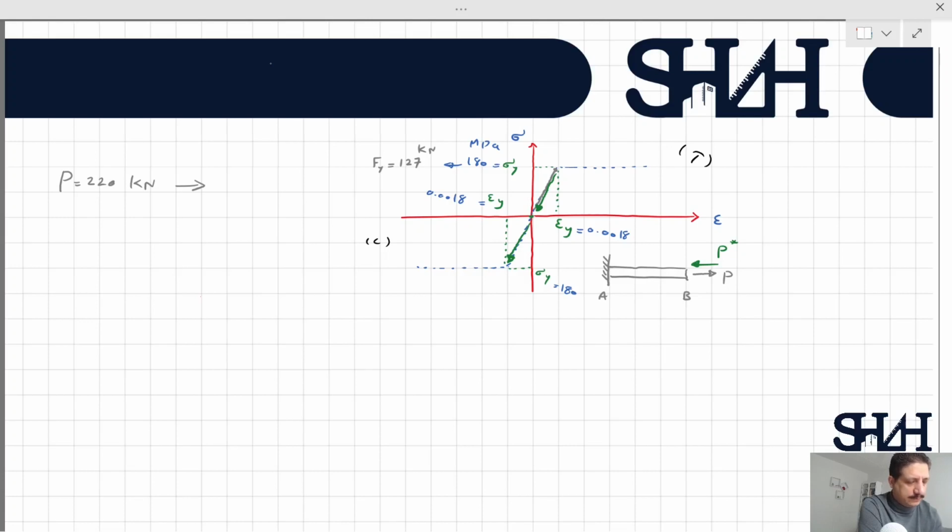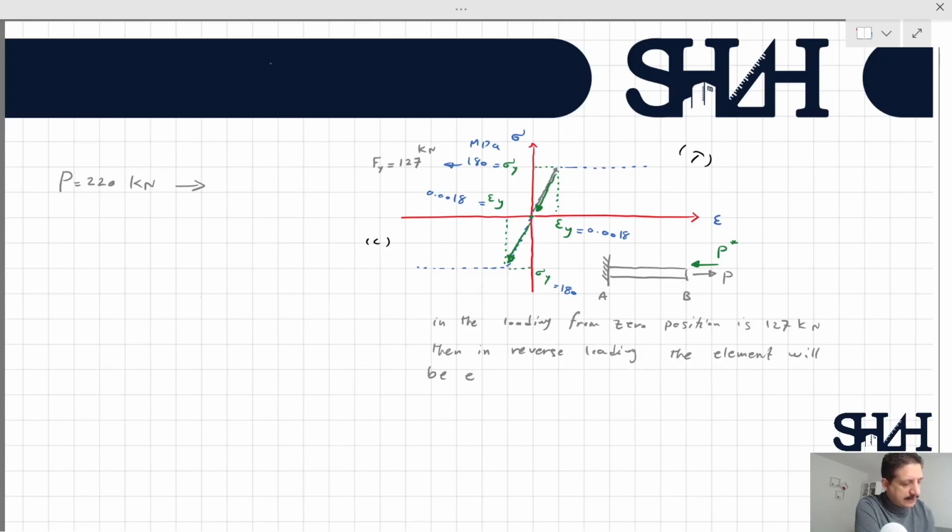So if P in the loading from 0 position is 127 kilonewton, then in reverse loading, the element will be elastic with the capacity of 2 times 127 kilonewton.